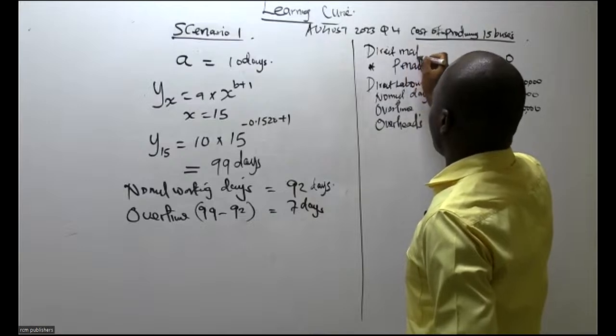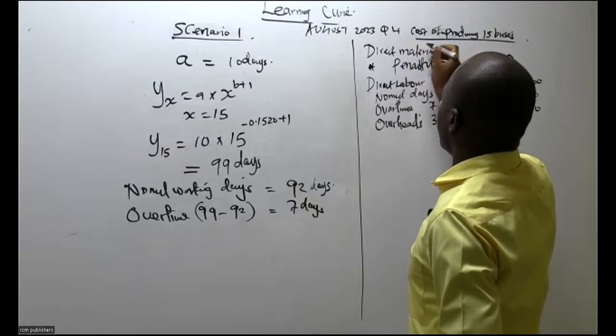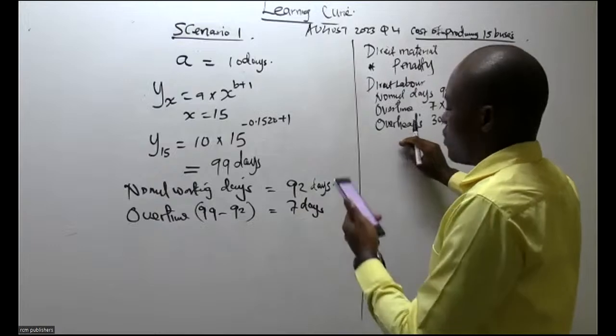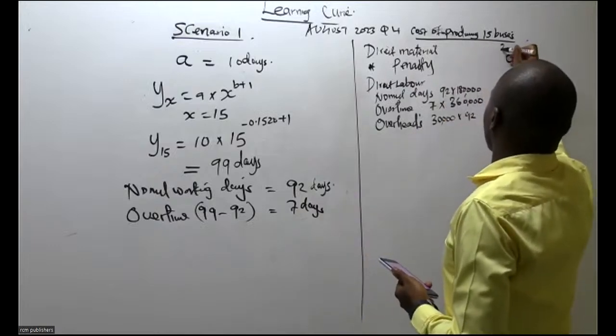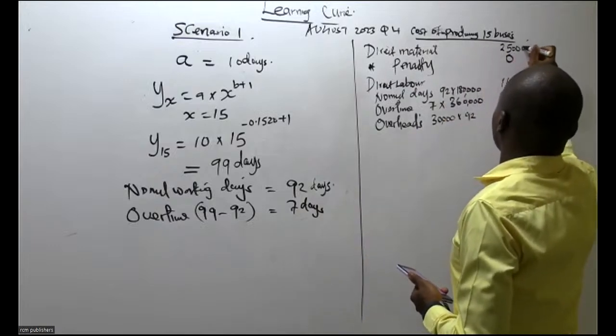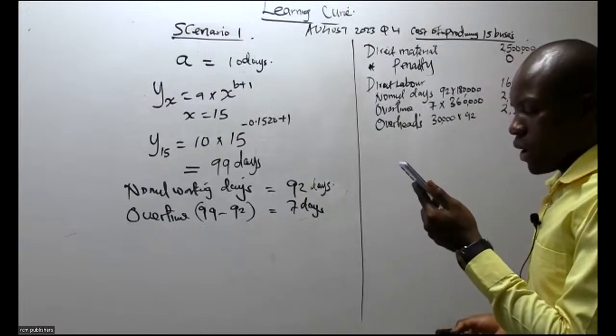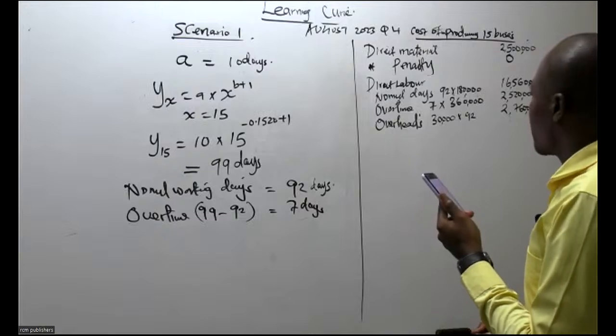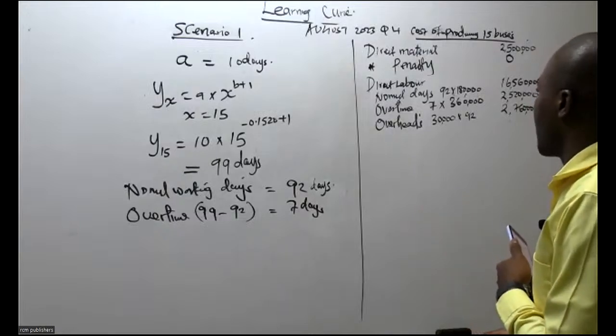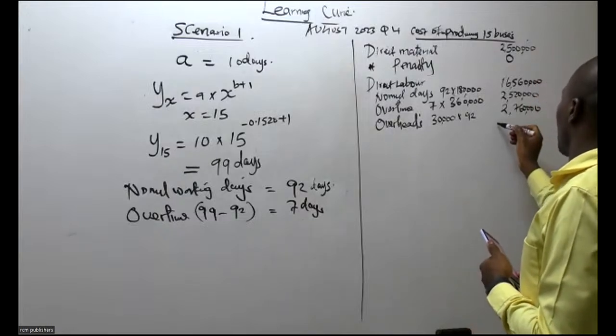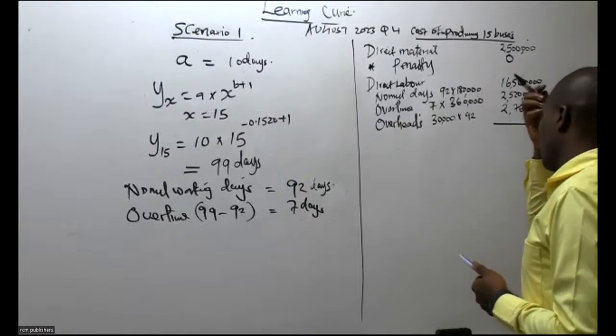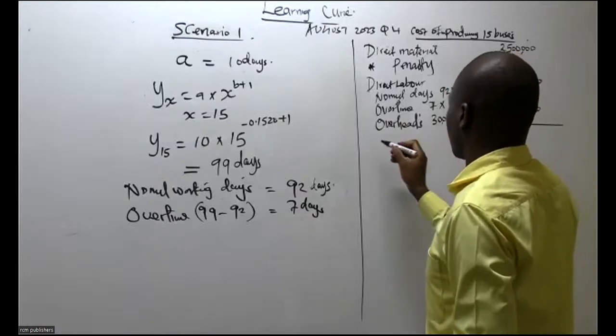You can put it anywhere, even up there or down here, you'll still have your answer. 2,500,000. Okay. Do we have any cost incurred? There is none. So give us the total cost under scenario 1.